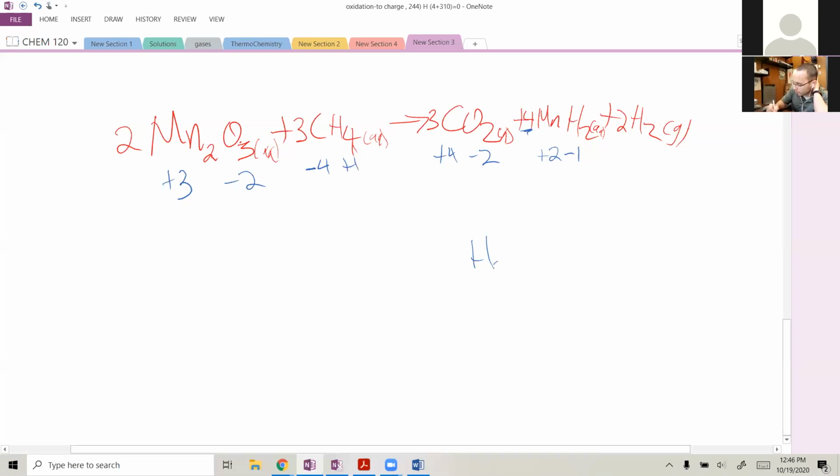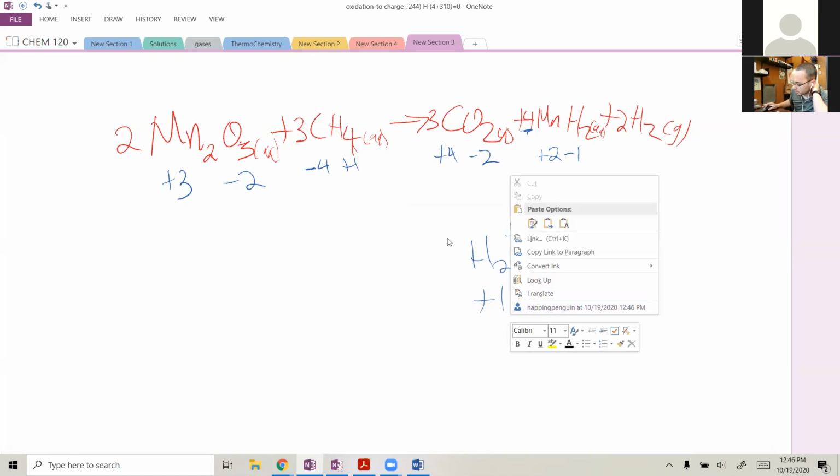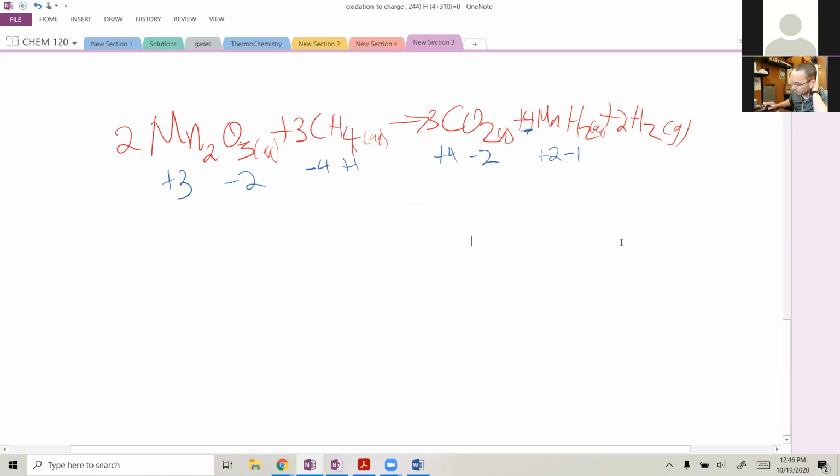Because the issue is, if it's H2 and this is a +1, then that would mean our charge would have to be a +2 in order to balance. So our oxidation number can't be a +1. It needs to be a 0. Remember that all elements in their elemental form are going to be a 0. Sometimes that's the easiest one to start with: if you ever see an element by itself, put it as a 0.